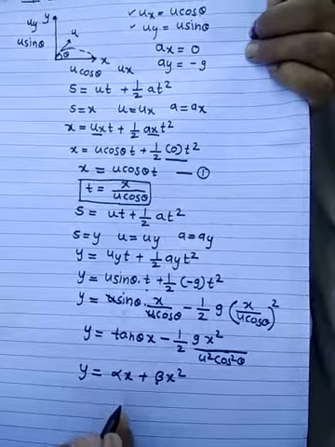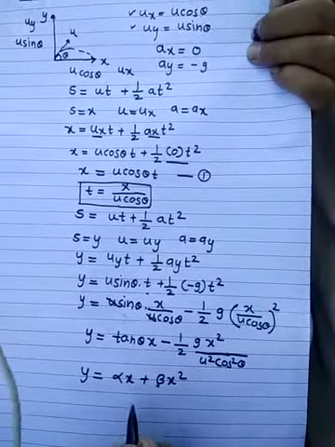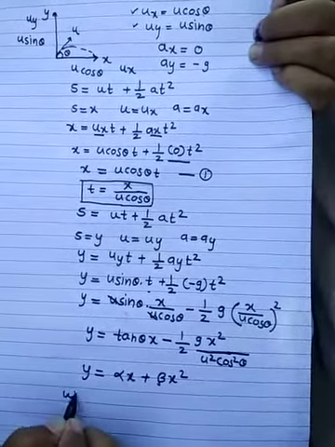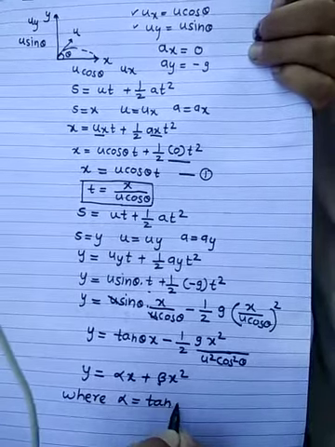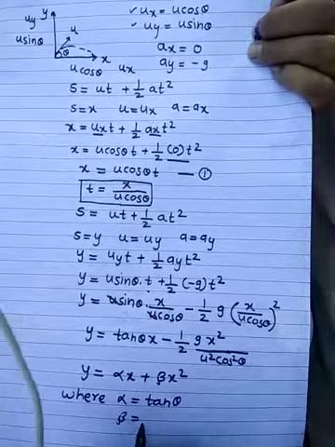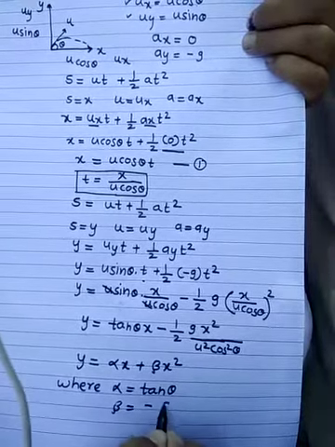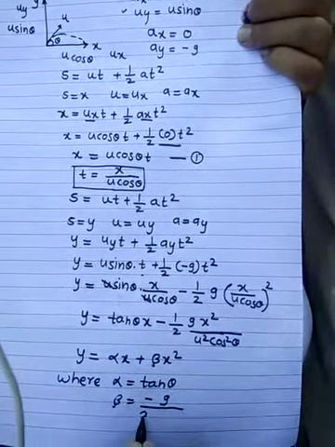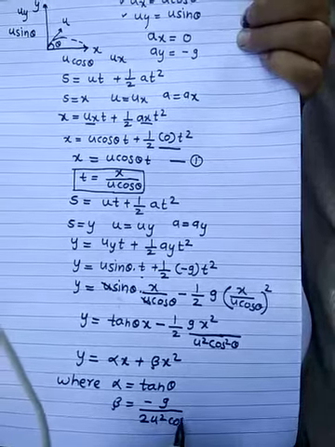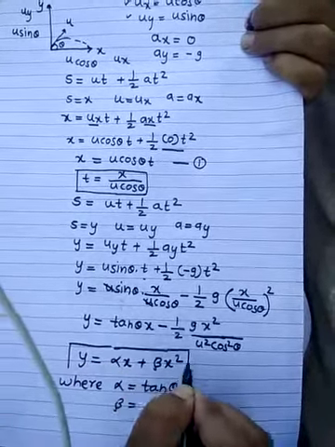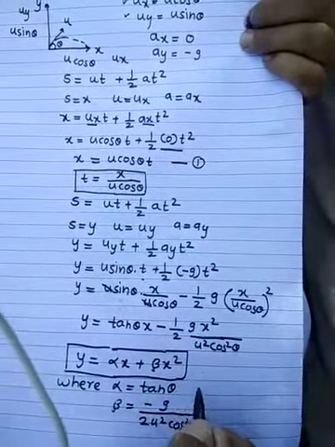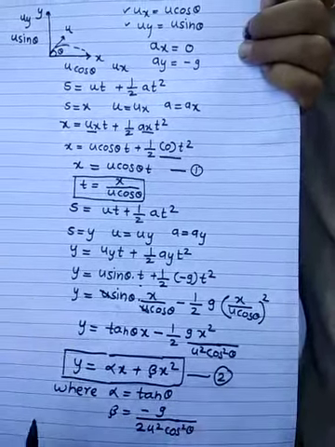The path followed by a projectile is a parabola, where alpha is tan theta and beta is minus g upon 2 u square cos square theta. This equation is known as the equation of path of projectile.